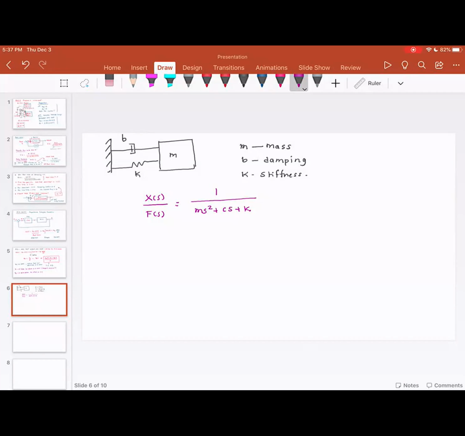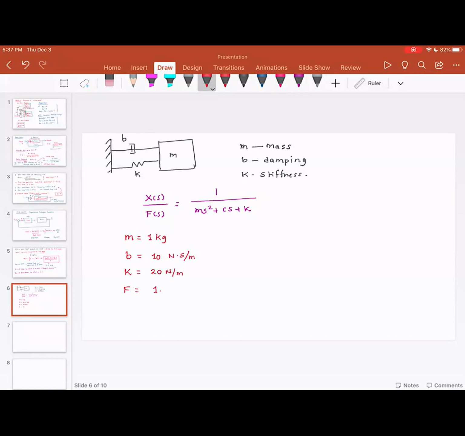Okay, so what I'm going to do is, in today's lesson, I'm just going to give you an example. So mass is equal to 1 kg, then B is equal to 10 Newton second per meter, K is equal to 20 Newtons per meter, and I'm going to say external force F is equal to 1.